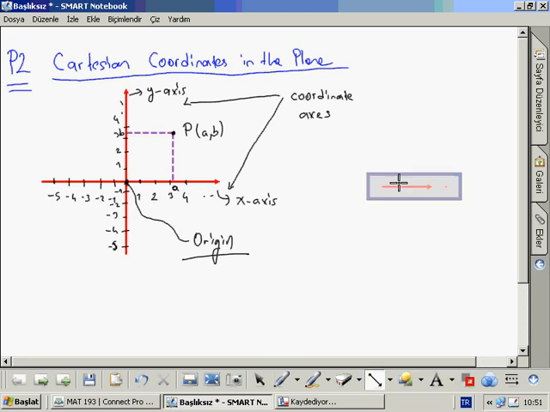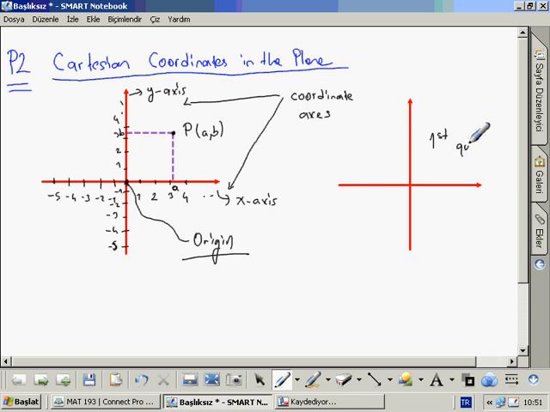Another useful information: as you see, the Cartesian plane divides the whole plane by 4, and this partition will be called first quadrant, and this one is second quadrant, and this one is third quadrant, fourth.